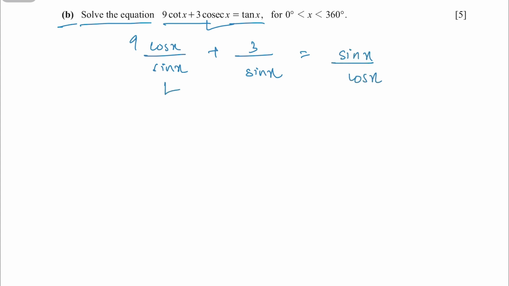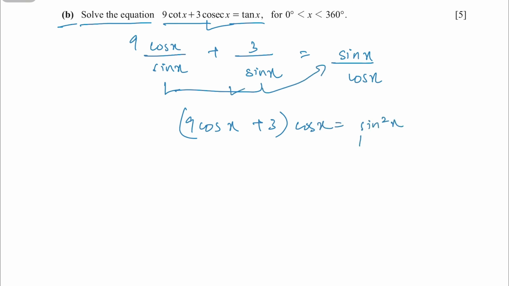Since we don't need to take the LCM, since both the denominators are same, this would be 9 cos x plus 3, but this would be multiplied by cos x, and then this sine would be multiplied over there, so this would be sine squared x, and we can use the identity sine squared x equals 1 minus cos squared x over here to make the equation in cos terms.